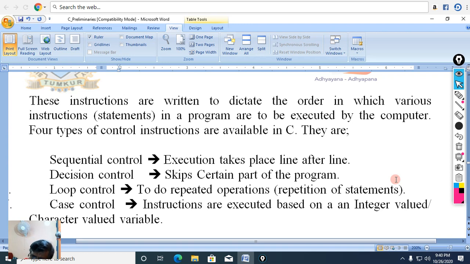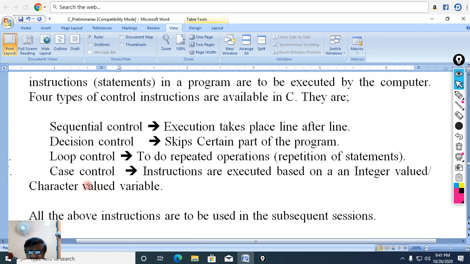And if you want to make a computer write 1 to 10 times, you have to augment loop control constructs in such a way that repetition of repetition is done. Writing 1 to 10 is a repetition. Making a computer write 1 to 10 times is a repetition of repetition. Then there is another control construct called the case control construct or switch control construct.